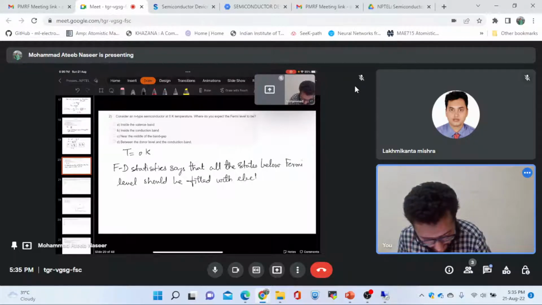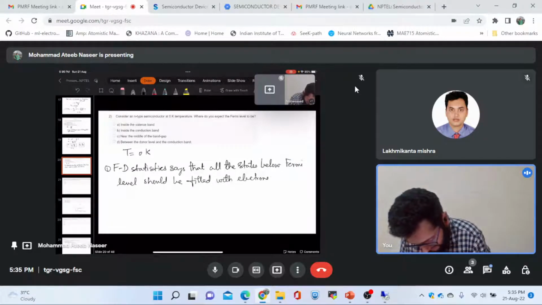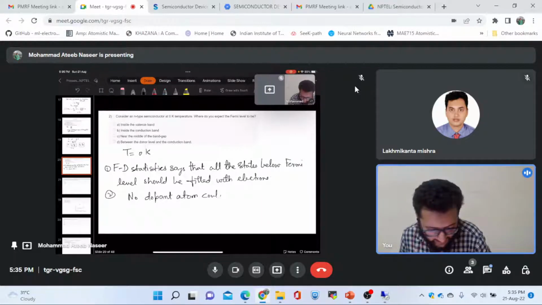And we know for donors that no dopant atom could be ionized.